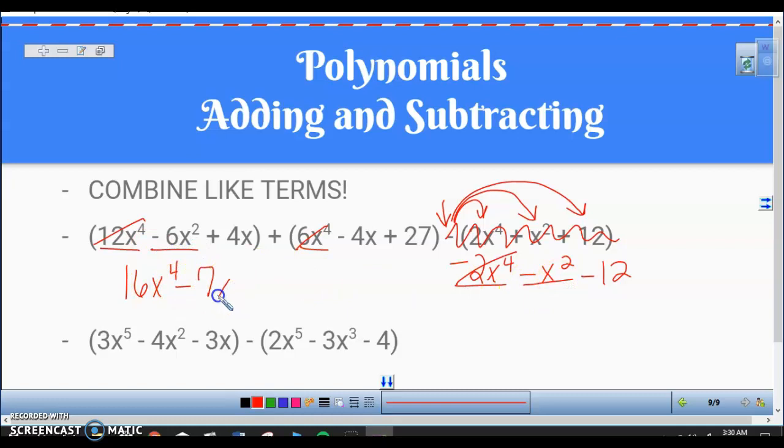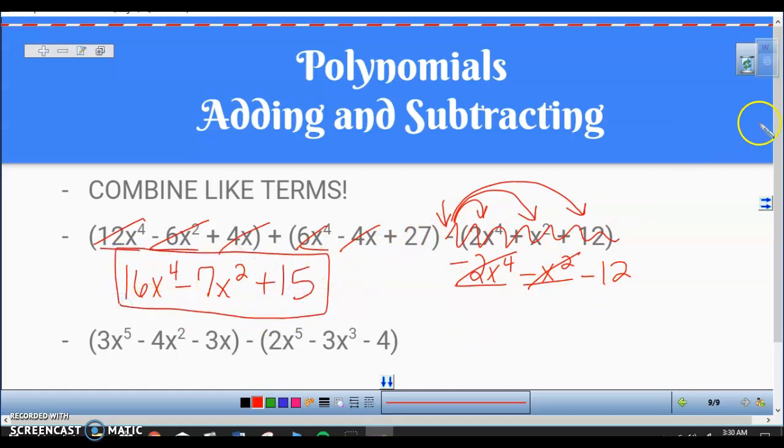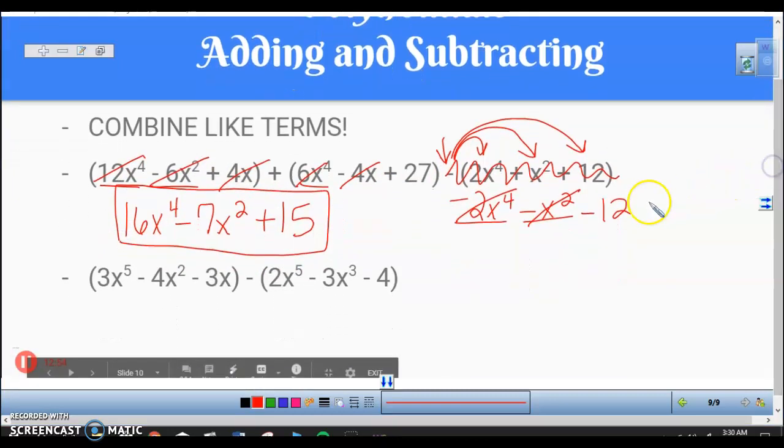That gives me negative 7x squared. 4x minus 4x cancel out. 27 minus 12 gives me plus 15. This would be simplified and in standard form. I could classify it as a trinomial with a degree of 4. Some of you did realize that's called a quartic trinomial. It's one of the less common ones, but it is a quartic trinomial.